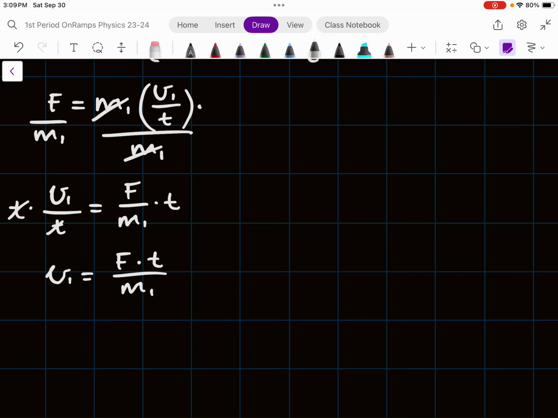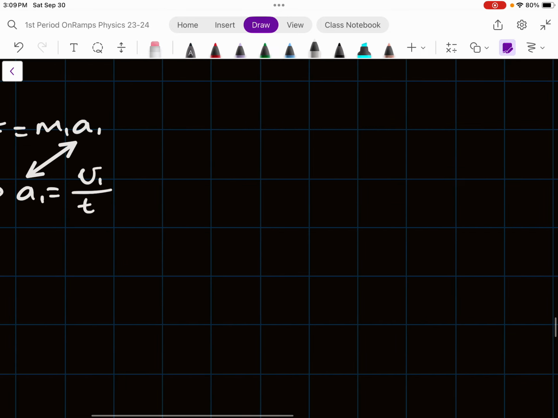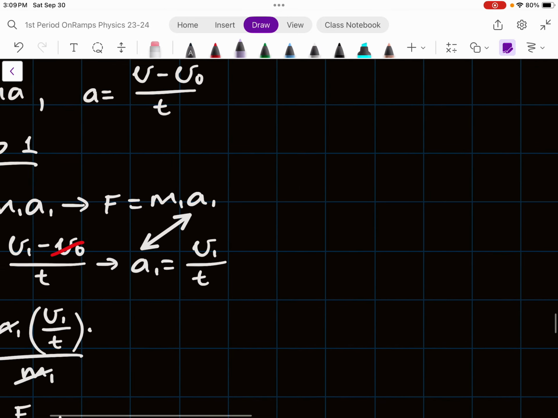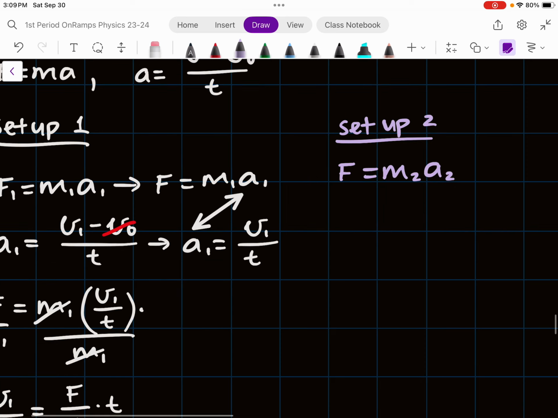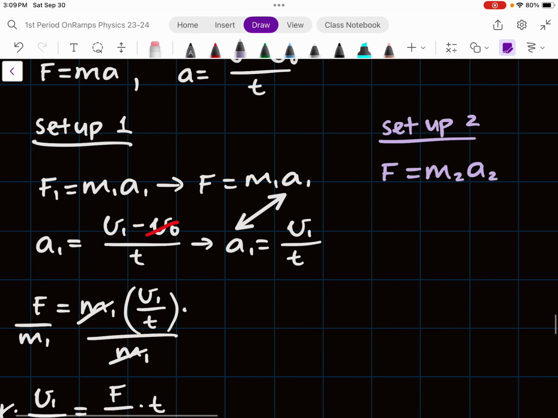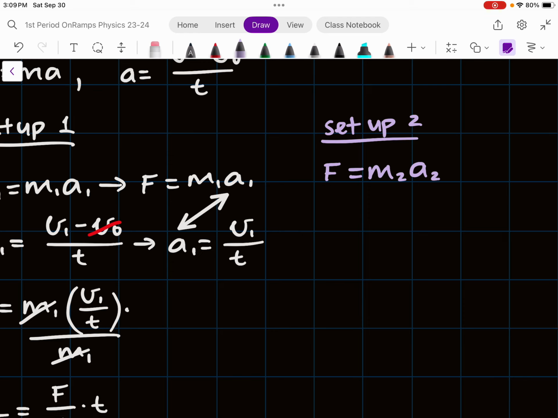Okay, now let's do the same thing, but with setup 2. So we have the same force, right, because force doesn't change, is equal to mass 2 times acceleration 2. We'll take the same steps, which are identical, so I'm going to skip them. I'm going to end up with this equation.